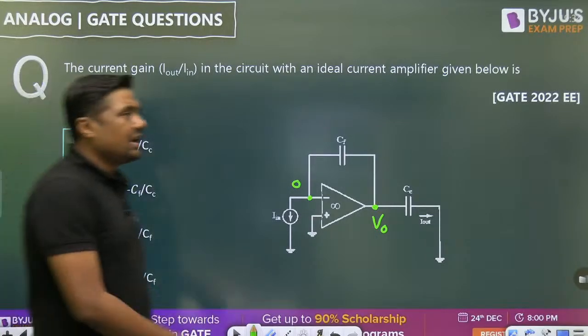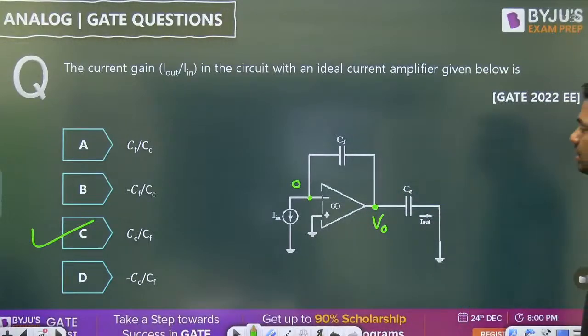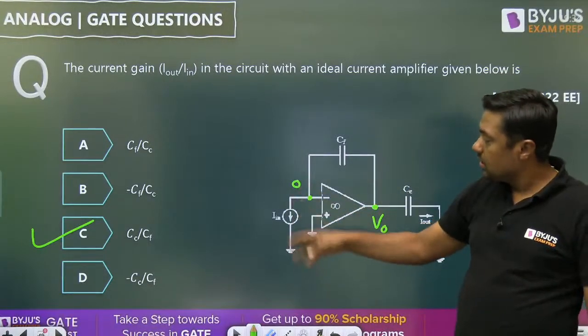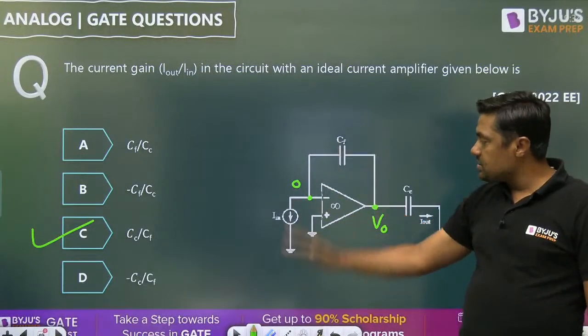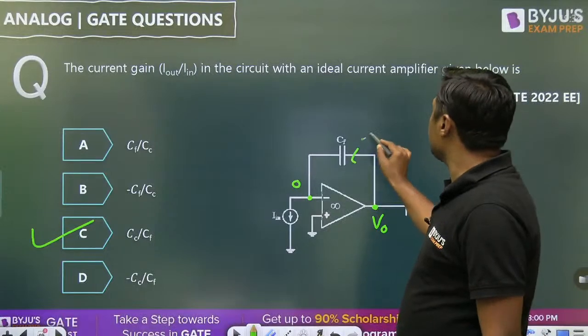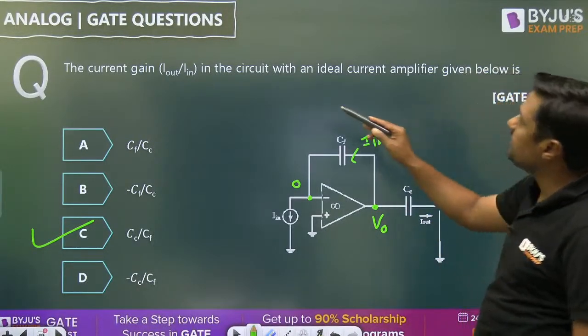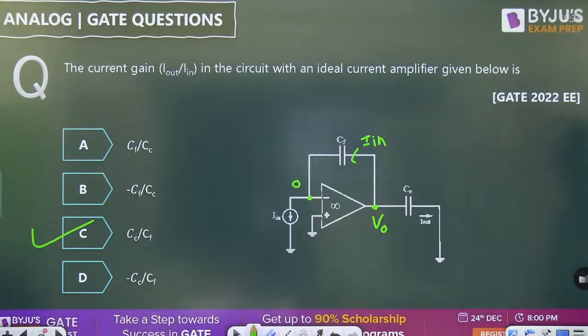Not negative. What is the direction of the current? No doubt it is connected to the inverting terminal. But what is the direction of the current I in? It is not inside. It is outside. That's why we get the same current. So the relation is given as I out by I in. We are not writing the KCL.